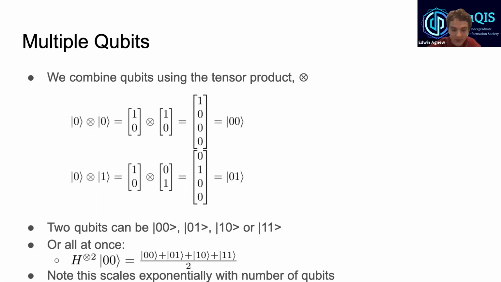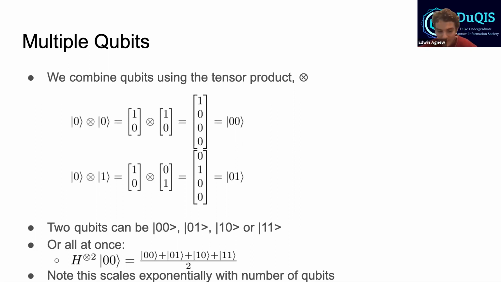So if we do the Hadamard gate, that's what the H is, on each qubit, so that's why it's tensor 2, because we're doing it on both of the zeros, then we end up in 0, 0 plus 0, 1 plus 1, 0 plus 1, 1 over 2. And that means there's a quarter probability of measuring each of them, because once again, we square the half to get a quarter.